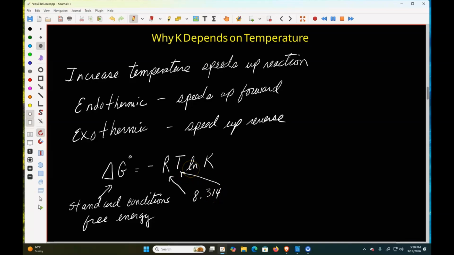The T here will be the absolute temperature in Kelvin. All right, the natural log, and this is my equilibrium constant. So remember, only temperature changes K, not concentration or pressure.